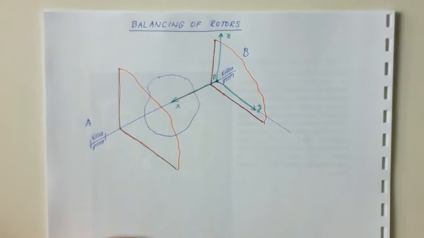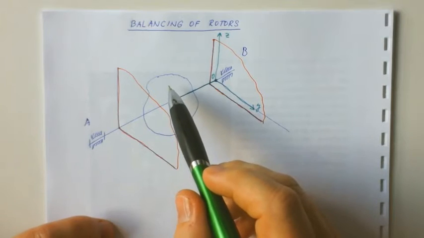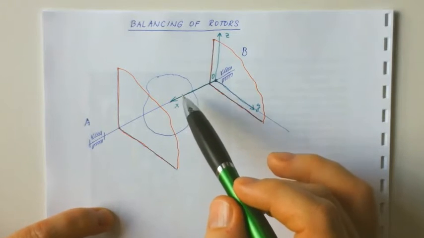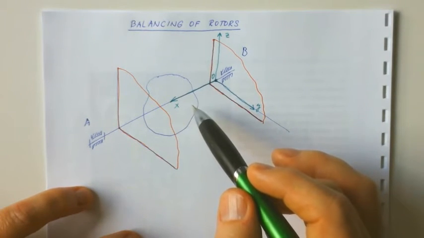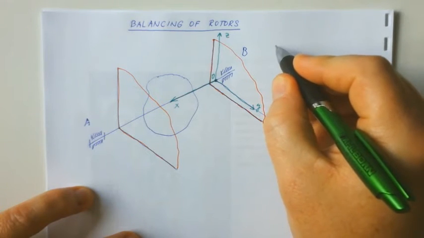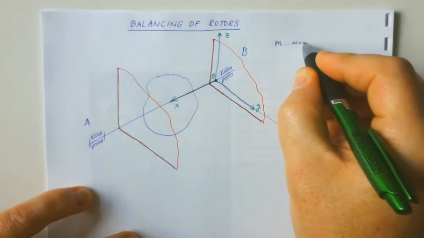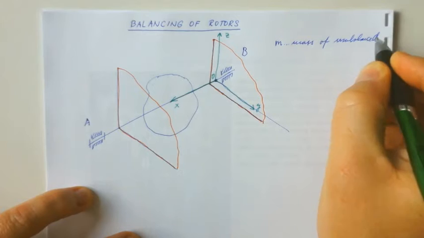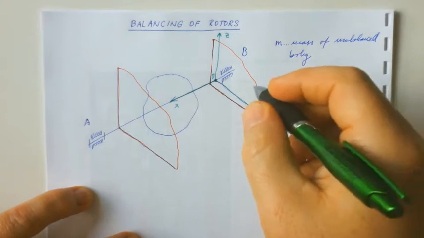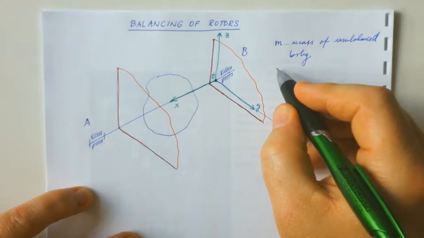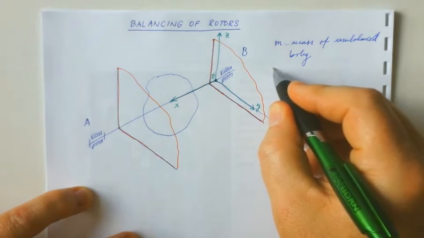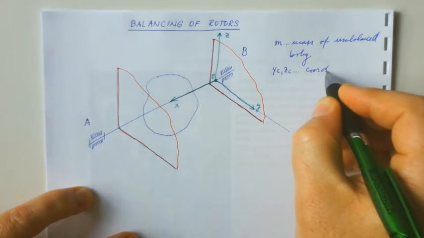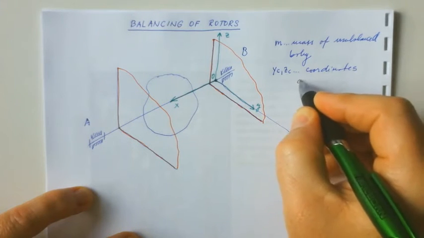Balancing of rotors. Let's consider that we have a body which is unbalanced, and the properties of such an unbalanced body are: m, the mass of the unbalanced body, and yc, zc, the coordinates of the center of mass.